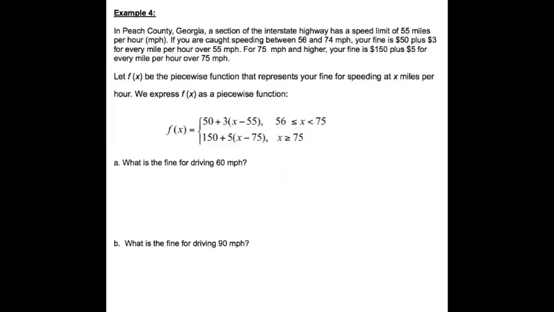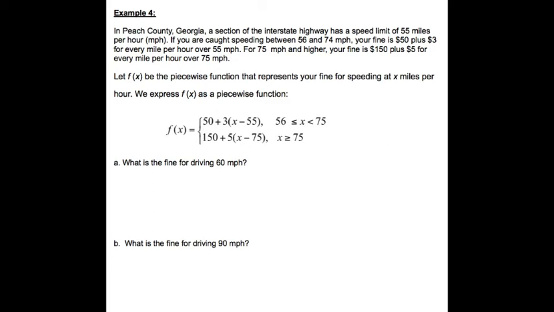Example 4. In Peach County, Georgia, a section of the interstate highway has a speed limit of 55 miles per hour. If you are caught speeding between 56 and 74 miles per hour, your fine is $50 plus $3 for every mile per hour over 55.